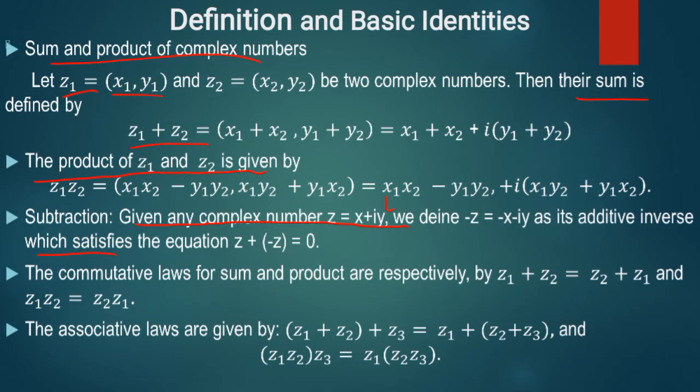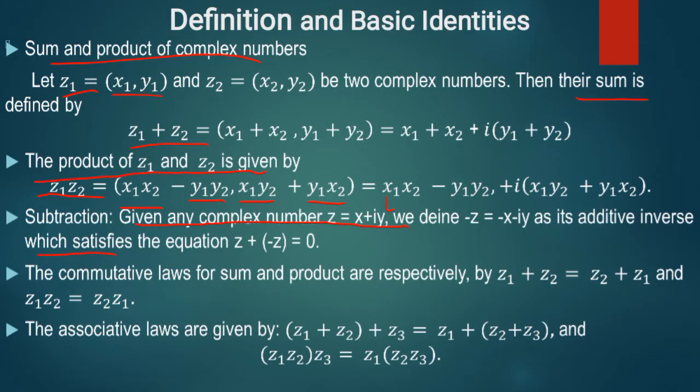For the product, you multiply z1 and z2 using this rule. You do x1 times x2 minus y1 times y2, then comma, x1 y2 plus y1 x2.